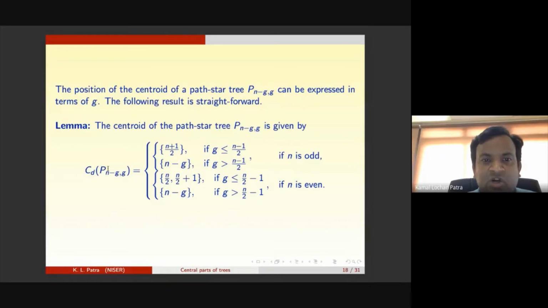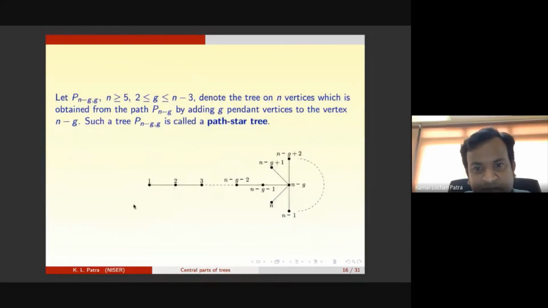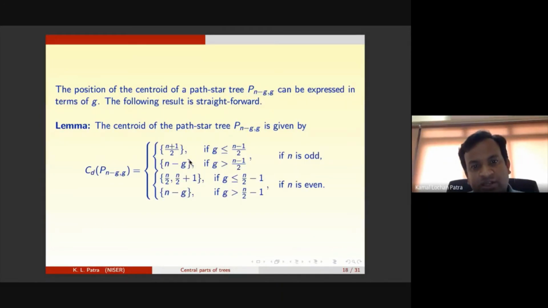The centroid of a path star tree is exactly this. I'm numbering the path star tree starting from 1 to n minus g, then n minus g plus 1 to g, like this. The number I mentioned is n minus g plus 2 by 2, based on this numbering. Centroids are also like this.